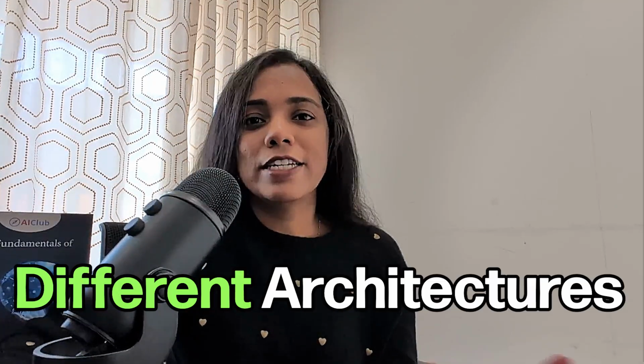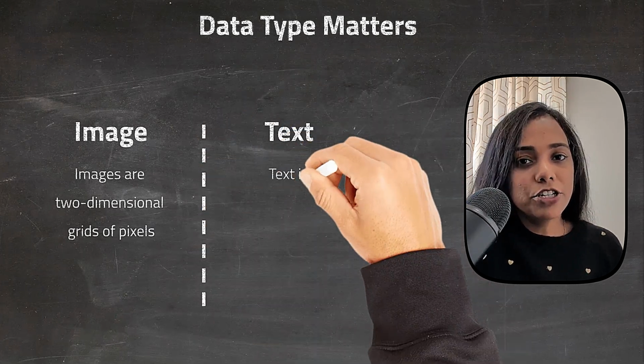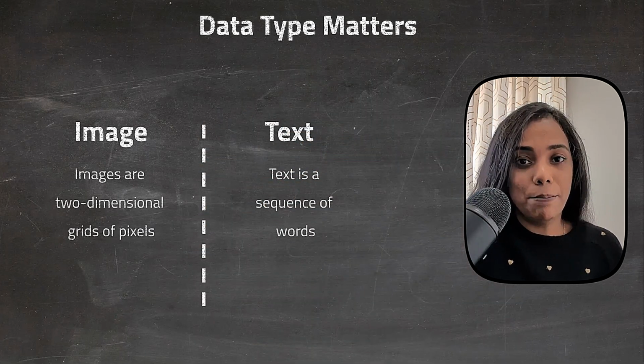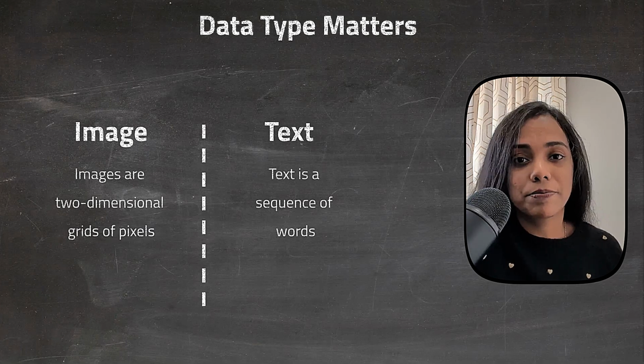So why do we have so many different architectures or so many different types of neural networks? That's because the data type matters. An image is structured differently compared to text. An image is a two-dimensional grid of pixels, while text is a sequence of words. Different network architectures exploit these inherent structures effectively.